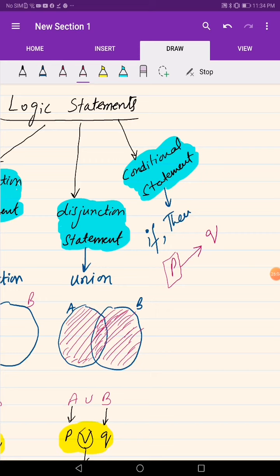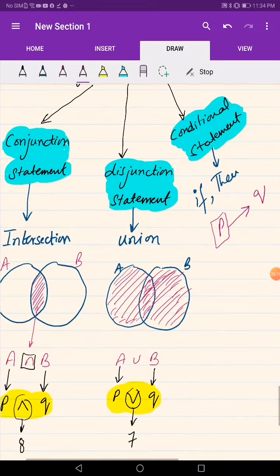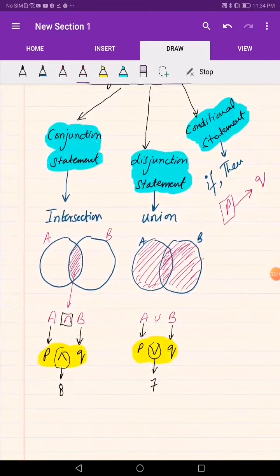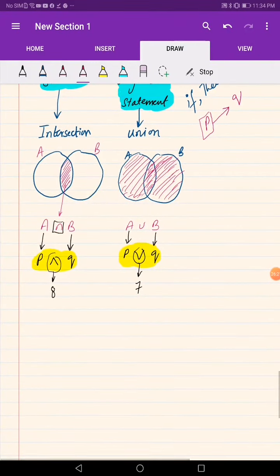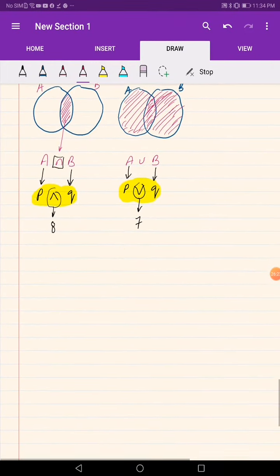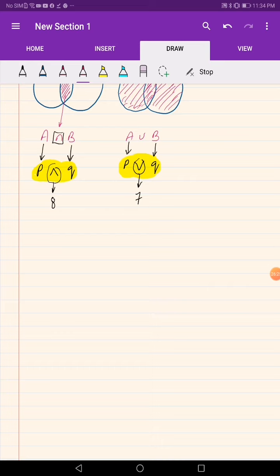Q is an independent statement. So if P is true, definitely Q will be true. If P is false, and Q is false, we want to see what will be the consequences. These three statements, guys, can be easily understood if we complete a truth table. So I'm going to explain a truth table.